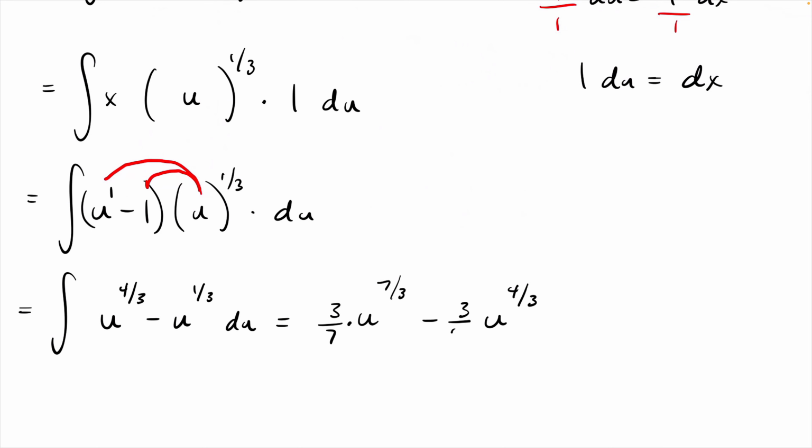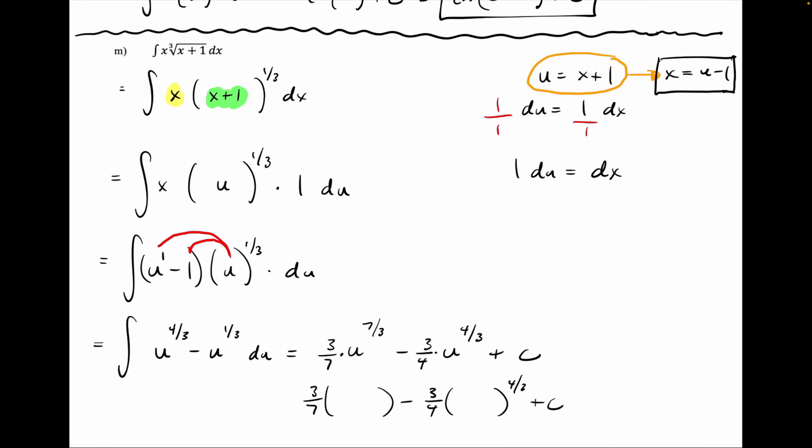So really you're just multiplying by 3/4, plus C. Move u back in, x plus 1. I just have to move it into 2 spots instead of 1 because there were multiple u's.